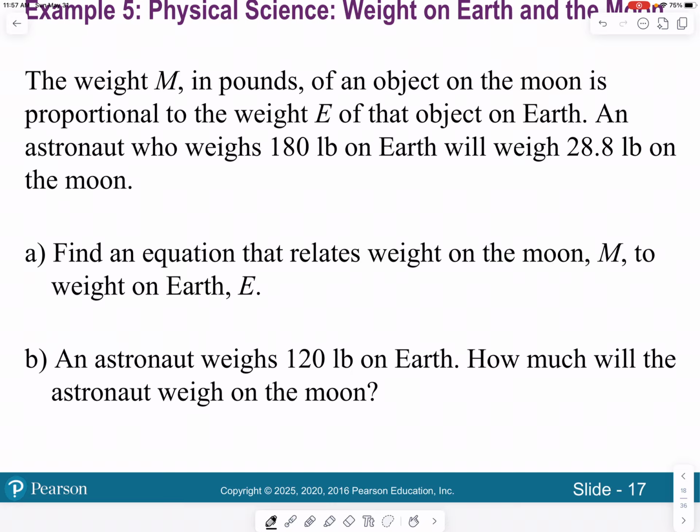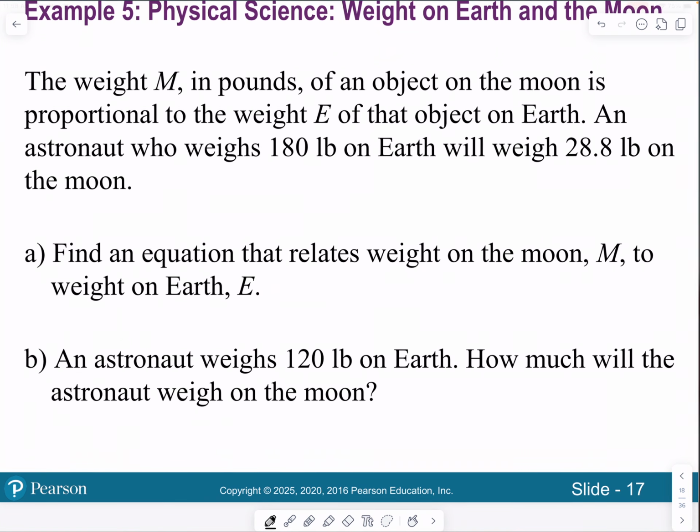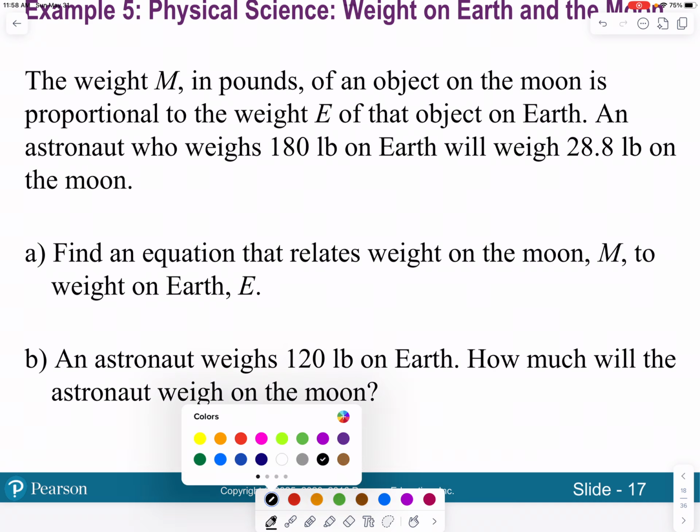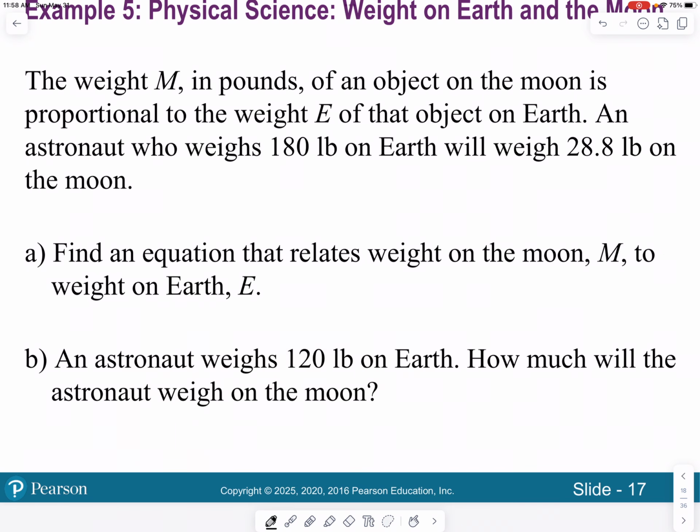Okay. So let's see. The astronaut weighs 180 pounds on Earth and 28.8 pounds on the moon, so we need to solve for k. So again, m equals k times e.